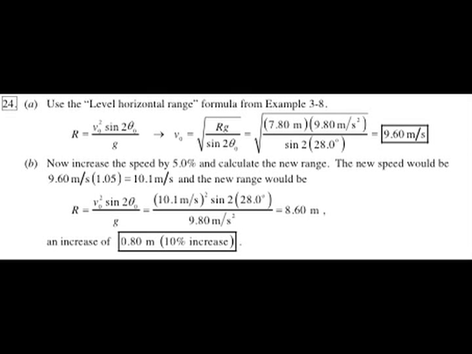inside the text. For example, example 3-8, and what they give you is the range equation, called the level horizontal range. And what that does, using a trig identity, is it's a simplified formula that if you know it, you can find the range if you're given the initial velocity squared times sine 2 theta over g.